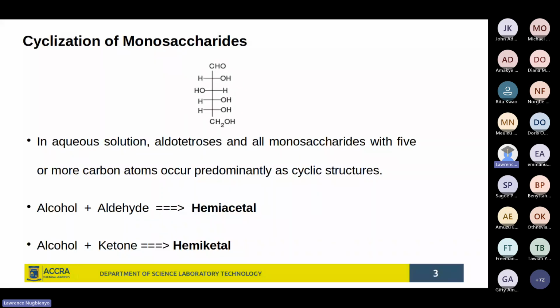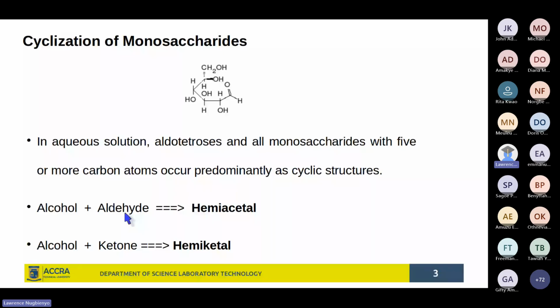So those hydroxyl groups will act just like the hydroxyl group in an alcohol. An alcohol has an OH group. And so the many hydroxyl groups in the monosaccharides can act just like an alcohol, so that within the molecule itself, you have hydroxyl groups, and for aldoses, you have an aldehyde group, and those can interact.